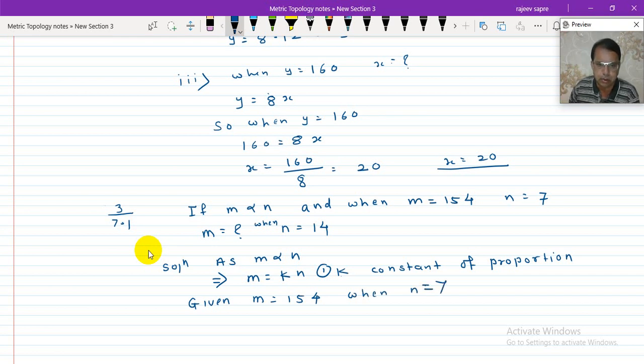Okay, so it means 154 is equal to k into 7.